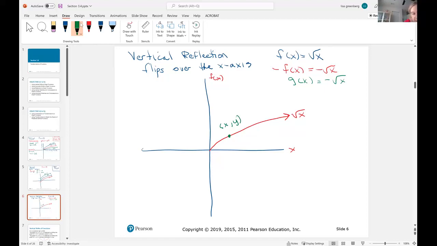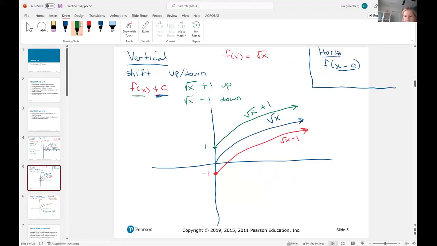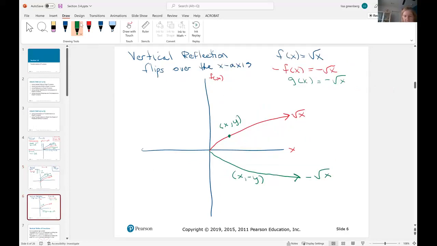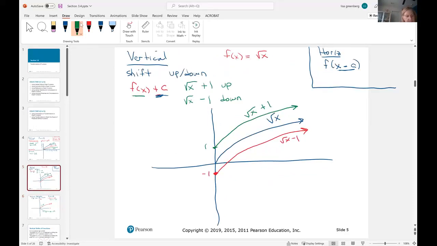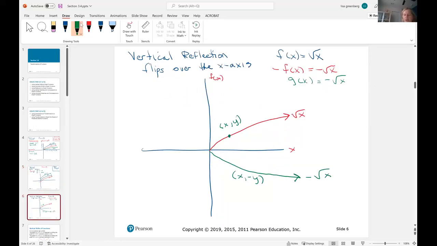Well, what's going to happen is it's going to come flipped over the x-axis. This is negative the square root, and it's going to be x comma negative y. I should actually do that for all of these. I'll do something later. But that's really what's happening: all the y values are now negative. And there's really nothing else that's happening.